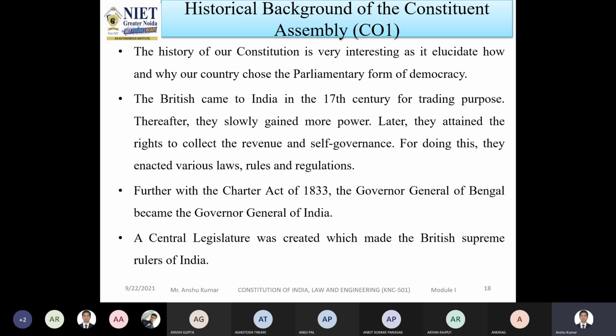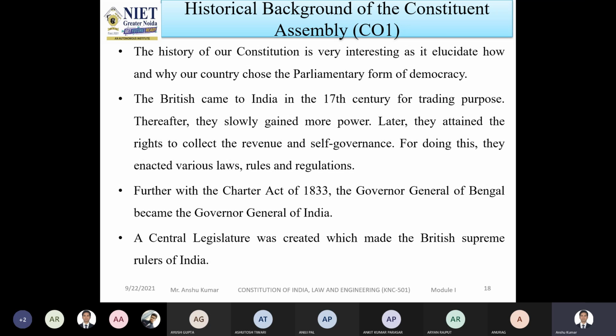As I told you, from time to time they enacted different rules for different purposes, like the Regulation Acts, Pitt's India Act, Charter Acts, Government of India Act 1919, Government of India Act 1935, and Indian Independence Act 1947. These are completely different charters.